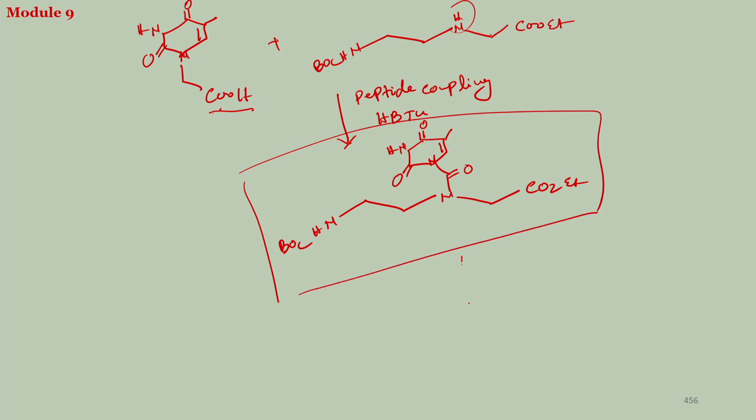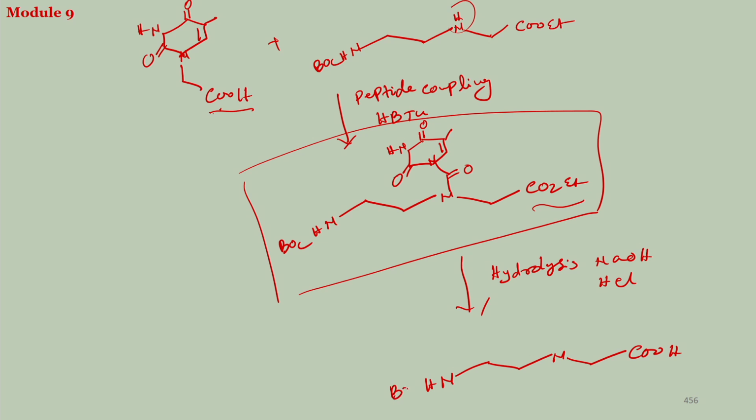Only one step is left over. Here you have to hydrolyze the ester into the acid, hydrolysis, as you have done, by sodium hydroxide and then followed by addition of HCl to acidify. So, this is your N, that will make you here acid, this will keep your BOC.